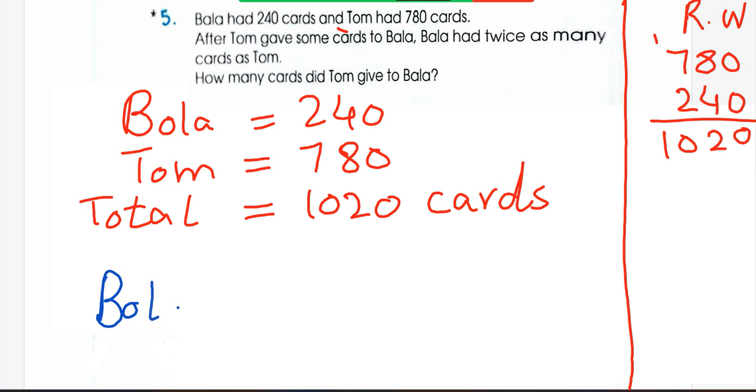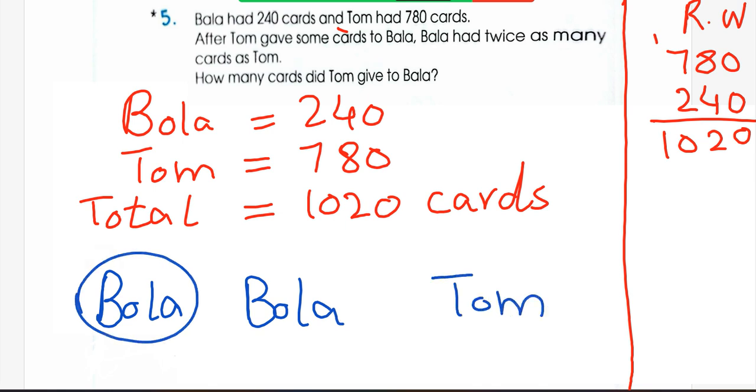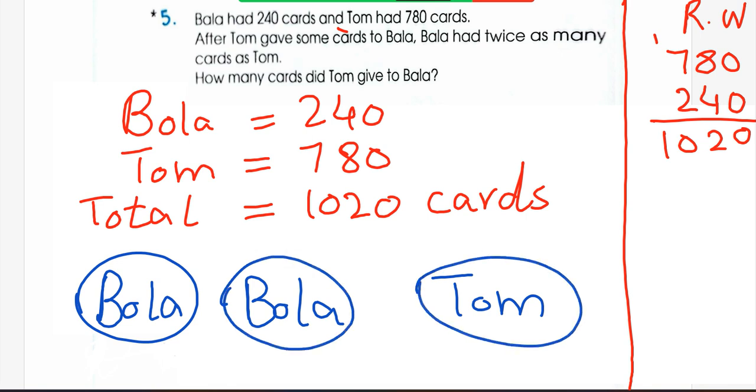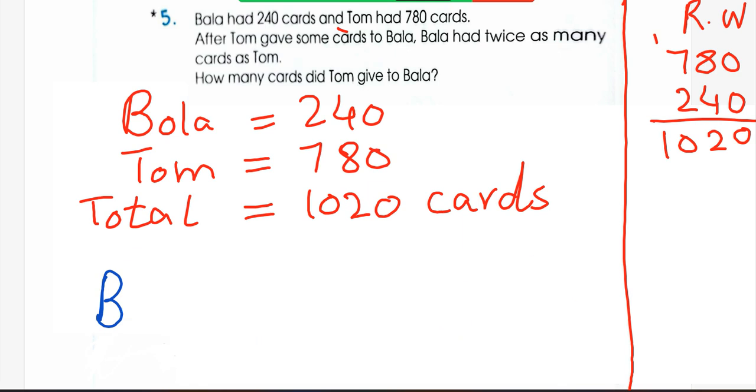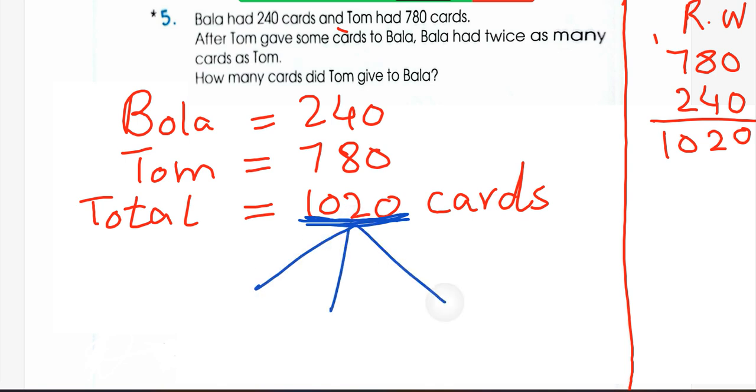Like Bola will get some cards, the same number Bola will get again, and then Tom. Right? Bola will get the same share 2 times and then Tom will get his share. For this, I want to divide these cards into 3 different parts, 3 different shares.